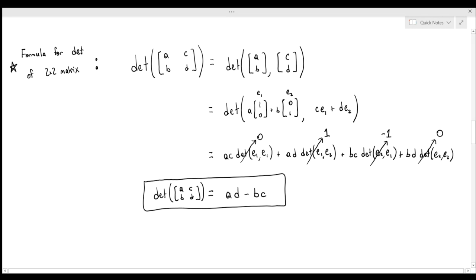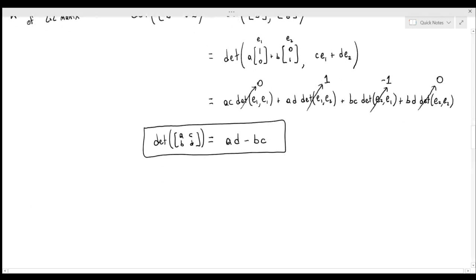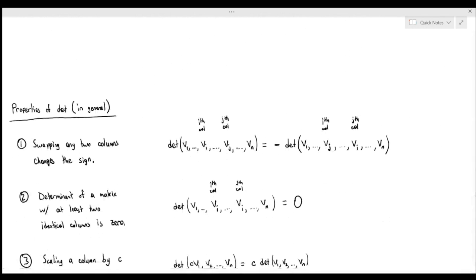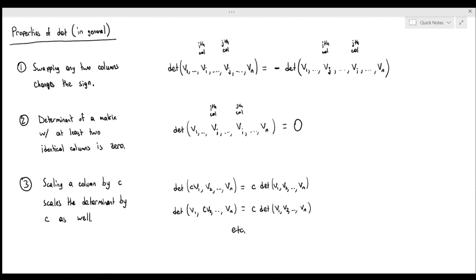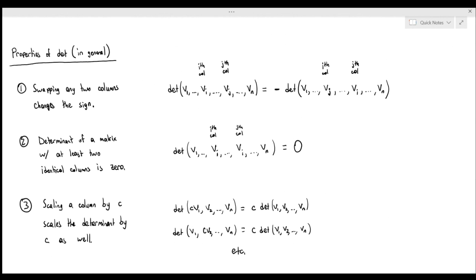Okay. So now I'm going to generalize all of that. I'm not going to be working in 2 dimensions anymore. So let's suppose that we have some vectors in Rn.